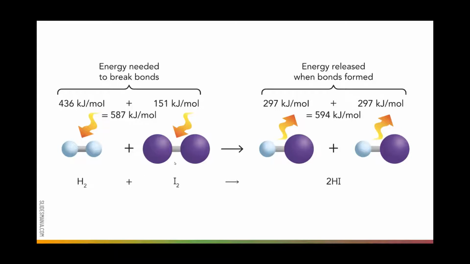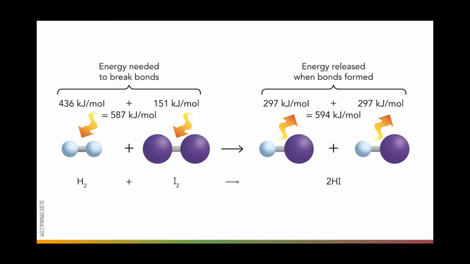And then here we have iodine. In order to break that bond, we have to input 151 kilojoules of energy. So in total, in order to break those two bonds, we have to input 587 kilojoules of energy per mole. Now, when we form our substance, we're going to be releasing energy.